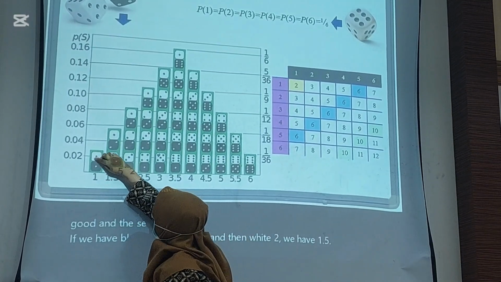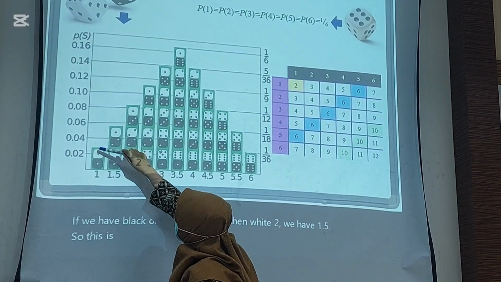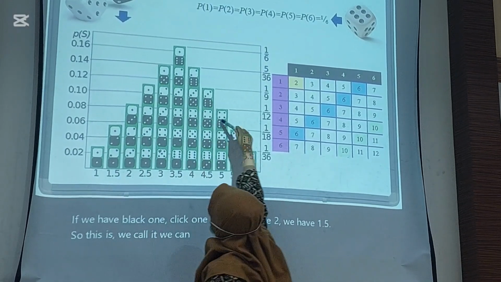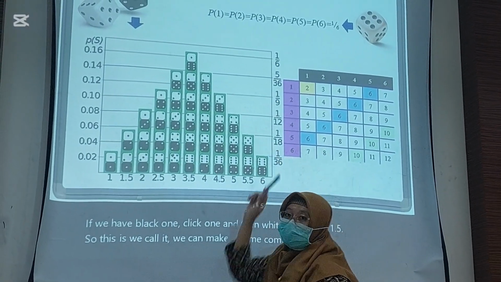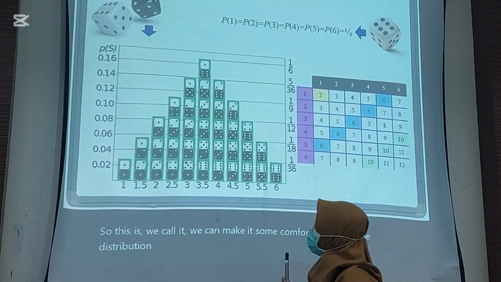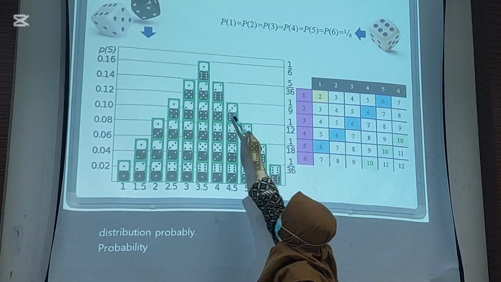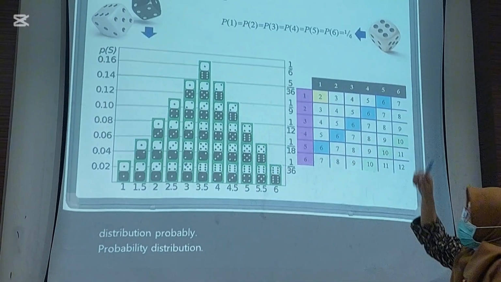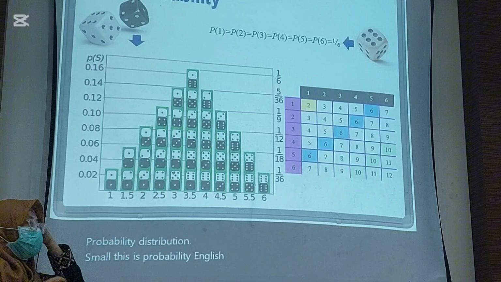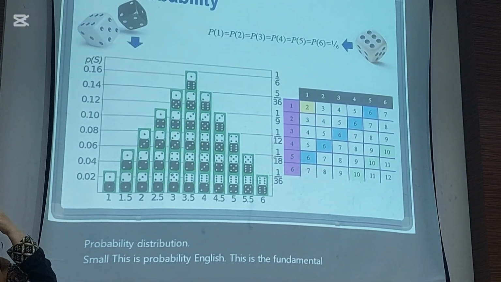We call it, we can make it some profile. This is a line distribution, a probability distribution. So this is dice probability. This is the fundamental we learn about probability distribution.